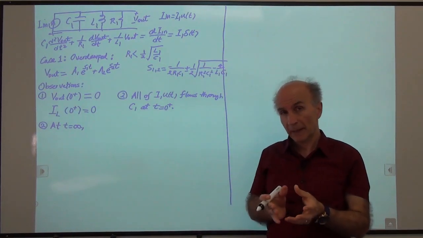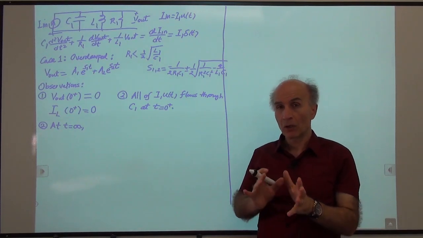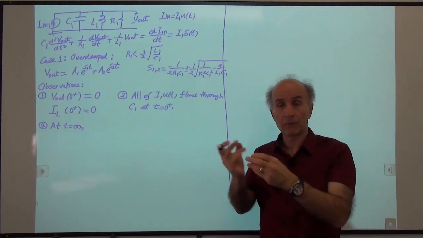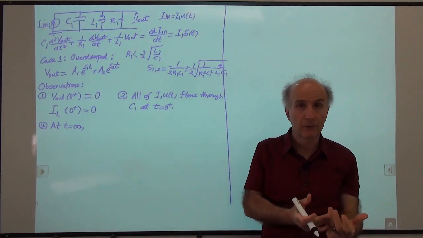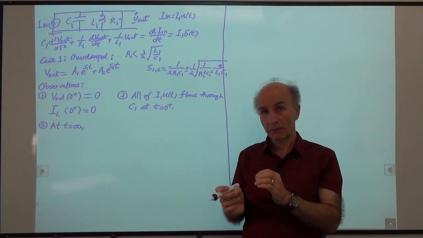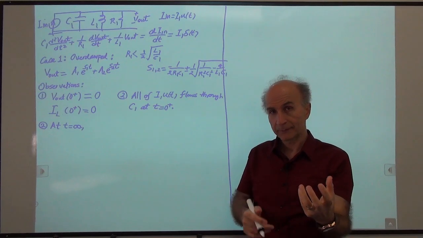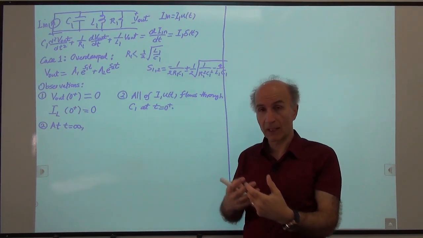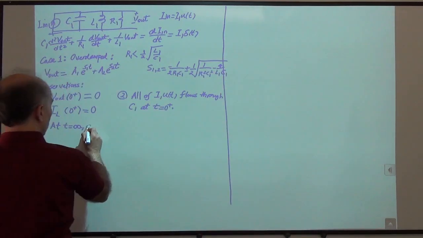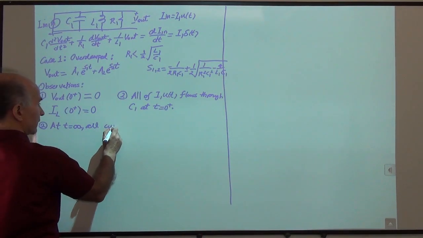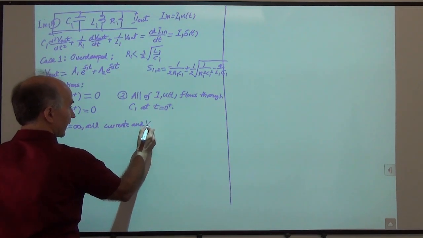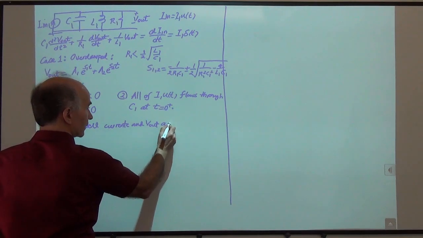All right, so what we expect is that at time infinity, all of the quantities in the circuit have reached constant values. Some of them have reached 0, some of them have reached a finite value, but they're all constant. So we use that notion to figure out how the capacitor and the inductor behave at time infinity. So we write all currents and V out are constant.